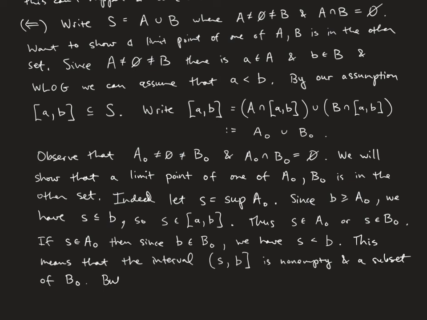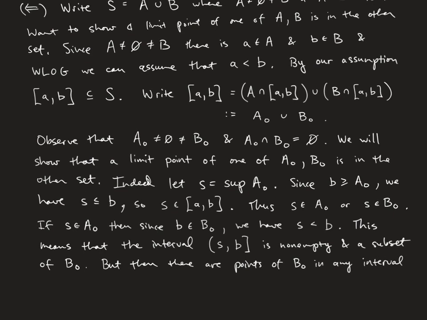But then there are points of B naught in any small interval, so any interval S minus epsilon, S plus epsilon for epsilon greater than 0. So that tells us that S is a limit point.